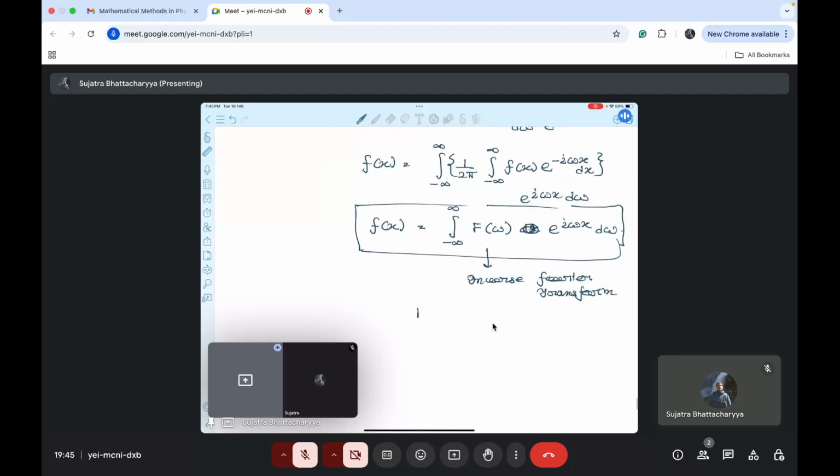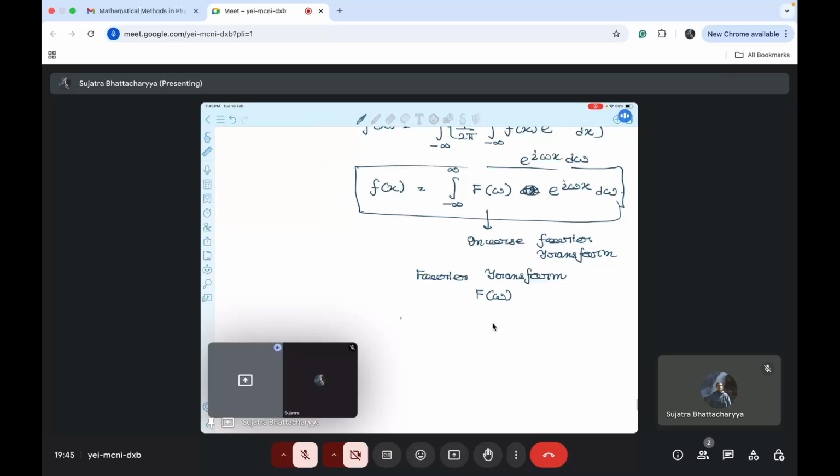The Fourier transform actually converts the spatial domain to the angular wave number domain, and the time domain to the angular frequency domain. This Fourier transform is given by f of omega. So what is this f of omega? F of omega is the integral from minus infinity to infinity of 1 by 2 pi f(x) e to the power minus iota omega x dx.